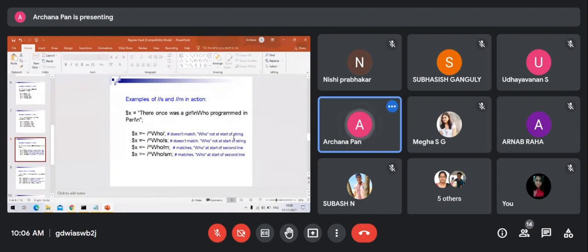But it is not affecting the rule of caret and dollar, so even with s, it does not match, because "who" is not at the start of the string. But when you are using the m modifier, "who" at the start of the second line will match. This is because you are using the newline character. So sm also will match. That's why the first two will not match, and the second two you will get matches. Is it clear?